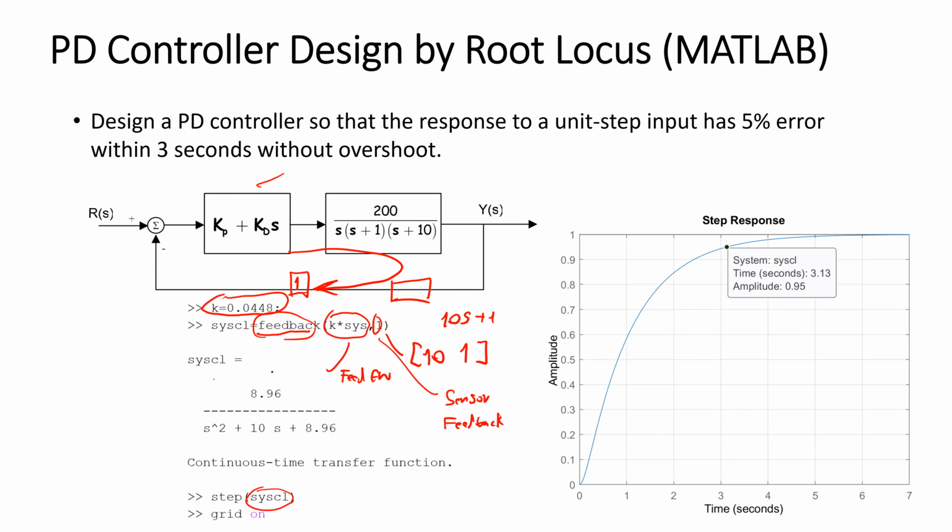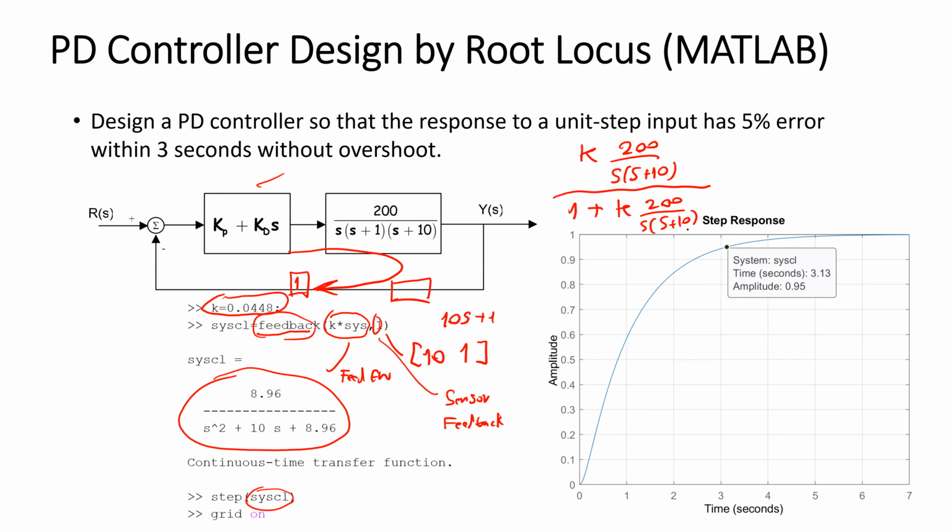Actually, the closed loop transfer function here should be equal to K multiplied by 200 divided by s plus 10, and divided by 1 plus K multiplied by 200 divided by s plus 10, and gain K equal to 0.044.